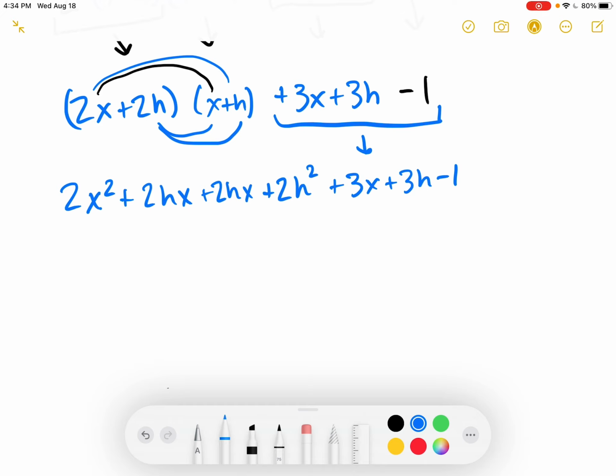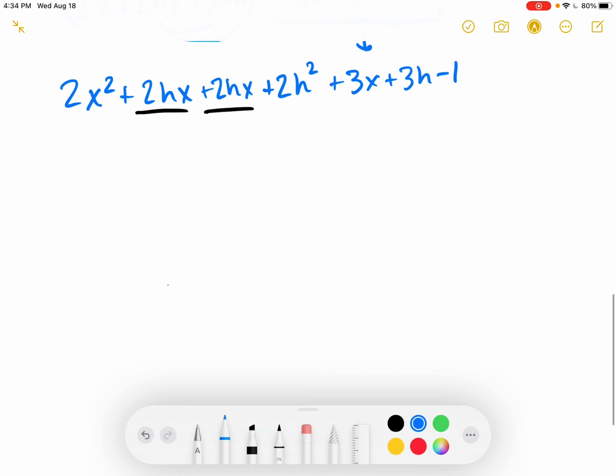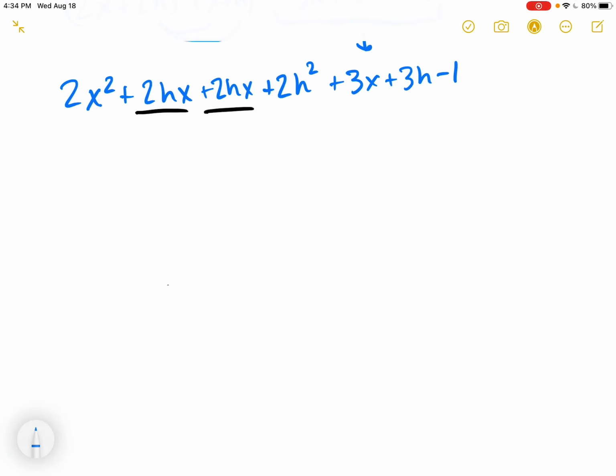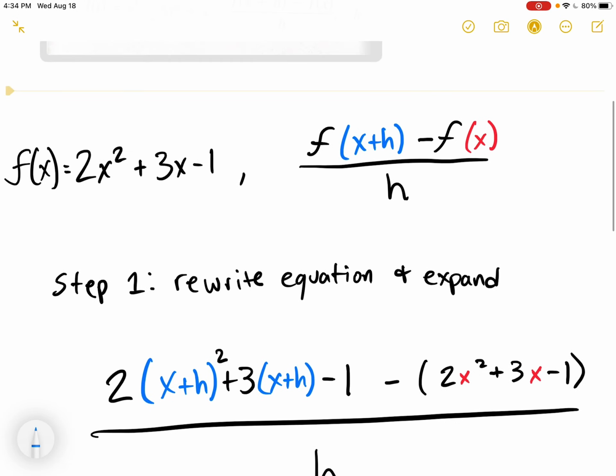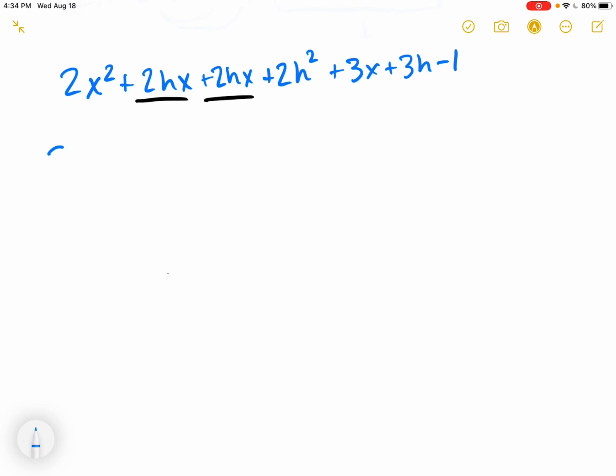So now we're going to combine the like terms. I'm going to underline the like terms. These are the only like terms that we have here, right? So finally, expanded and then simplified, this part f of x plus h becomes 2x squared, 2xh plus 2xh becomes plus 4hx, then plus 2h squared plus 3x plus 3h minus 1.